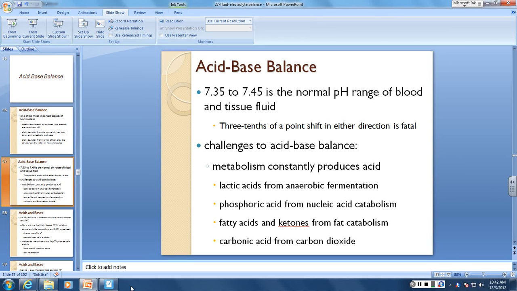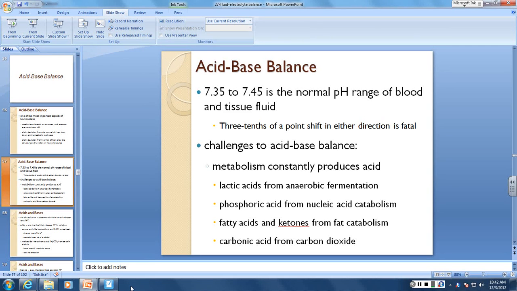That's not a whole lot, is it? So what pH would you say is fatal then? 3/10 of a point? Like 7 point what? 7.0, would that be fatal?